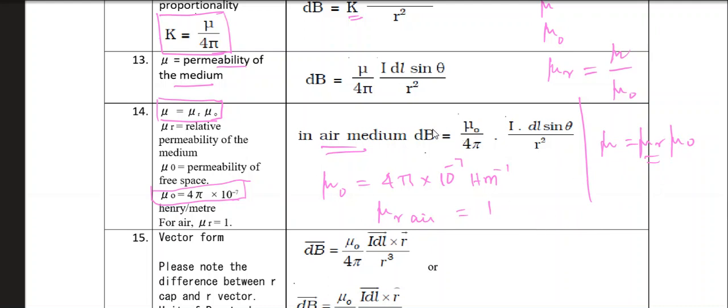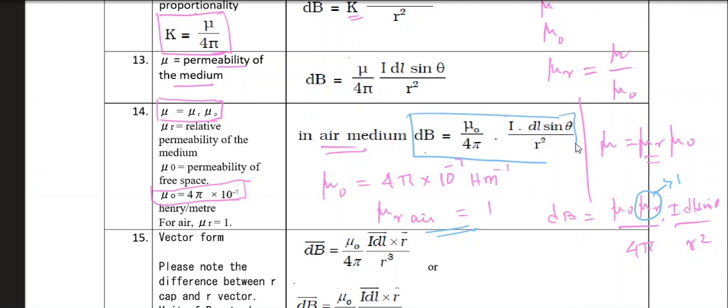Otherwise, you can expand this equation as dB equal to mu naught mu r divided by 4 pi, because mu is equal to mu r mu naught, then I dl sine theta divided by r squared. Now mu r is equal to 1 for air, and therefore dB is mu naught divided by 4 pi into I dl sine theta divided by r squared. For air as a medium, this is the equation. Please note it down.